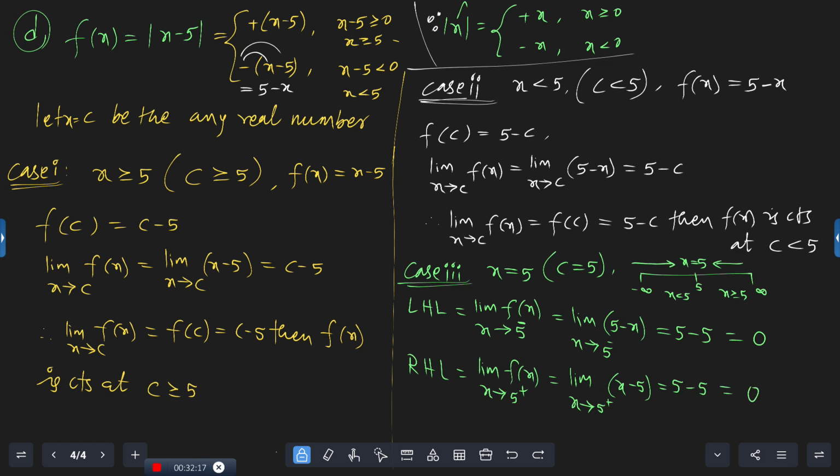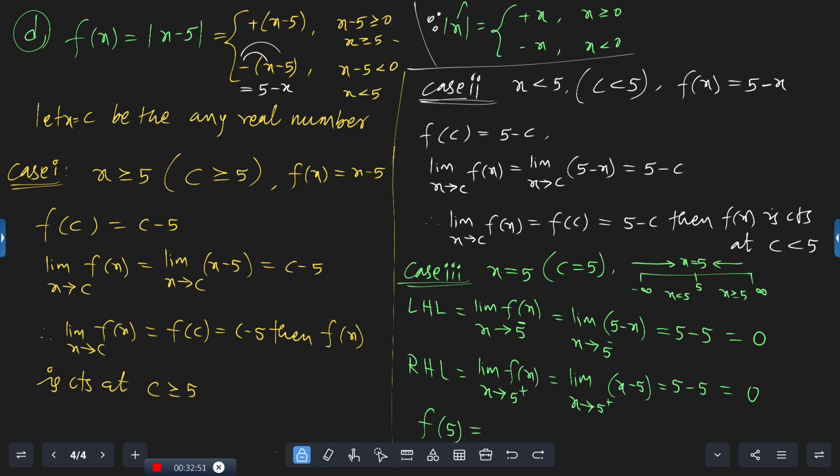Not yet over. We have to check left hand limit, right hand limit and function value. Function value means f of 5, directly f of 5. So where will you be substituting the function value? Where x is equal to 5, there only we have to substitute. In the first case there is an equal and greater sign, so in the equal place, x minus 5, that you have to take.